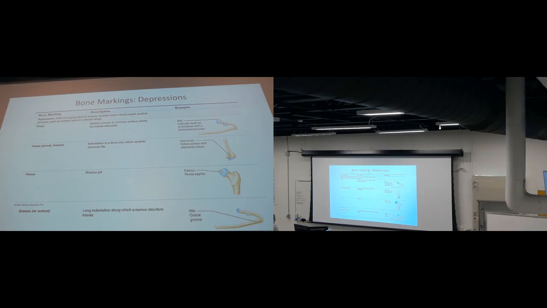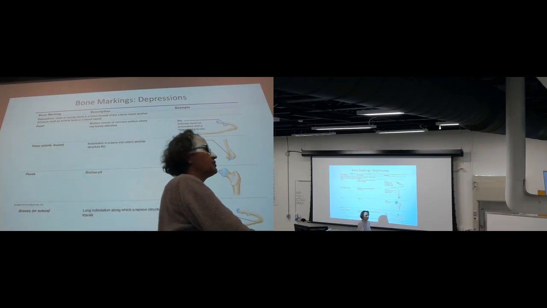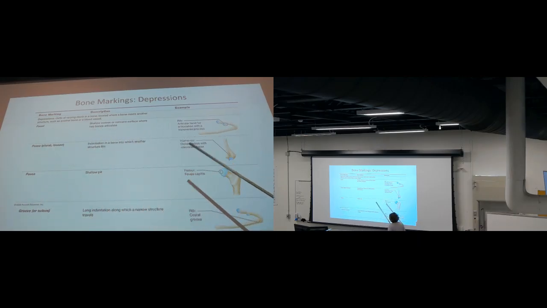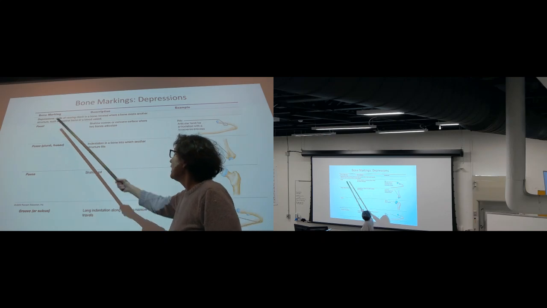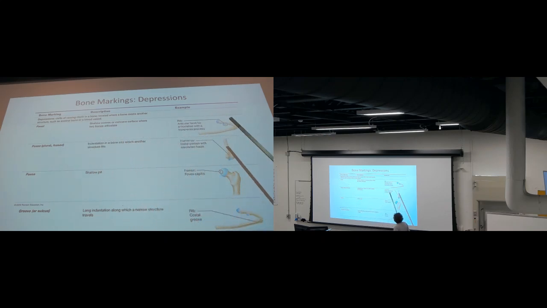So here we have examples of each of these classifications. For depressions, we have a facet. A facet is a shallow or concave surface, like this one here, that is the articular facet of the rib, where two bones articulate.